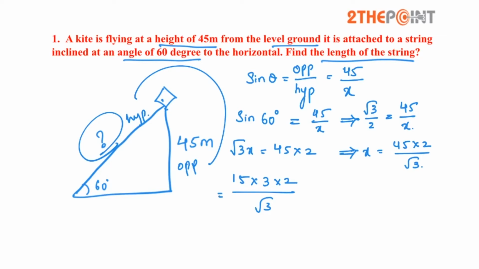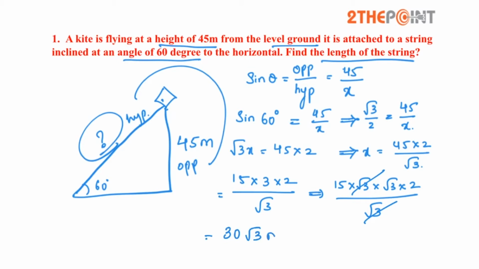Now this 3 can be written as root 3 into root 3. So in the numerator we take 3 as root 3 into root 3, into 2 by root 3. Here root 3 cancels and we are left with 15 into 2, that is 30 root 3 meter, and this is the length of the string.